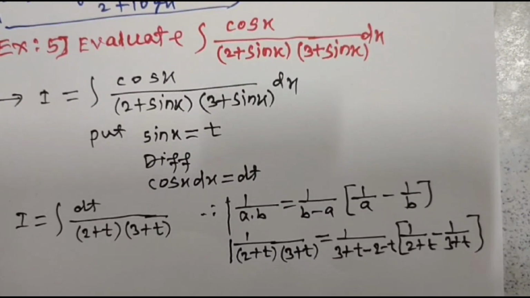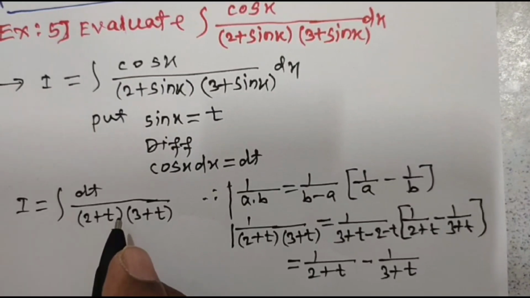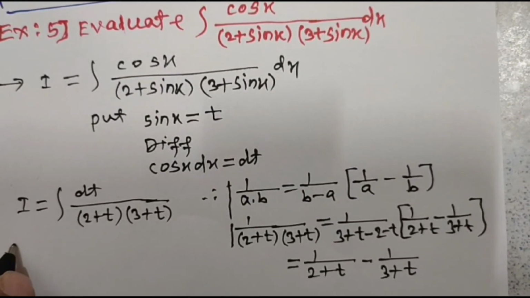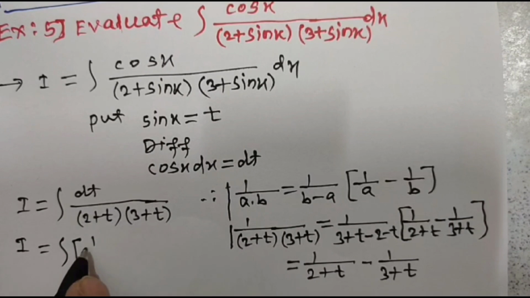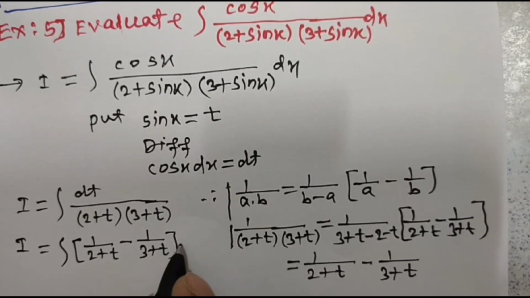Simplify this and get the partial fractions of the given fraction. 3 minus 2 is 1 and 1 upon 1 is 1. So this is 1 upon 2 plus t minus 1 upon 3 plus t, and put these partial fractions in the given integral. Hence I is equal to the integral of 1 upon 2 plus t minus 1 upon 3 plus t, integral with respect to t.